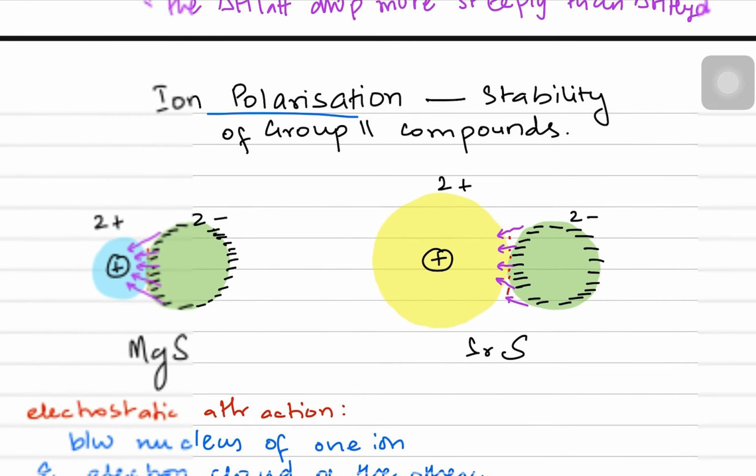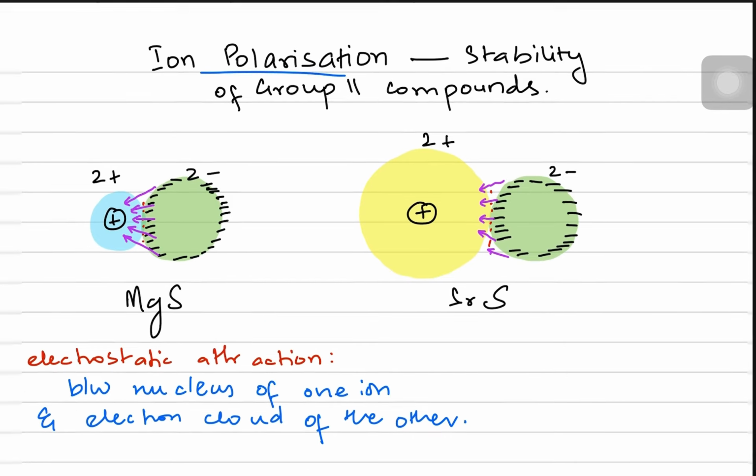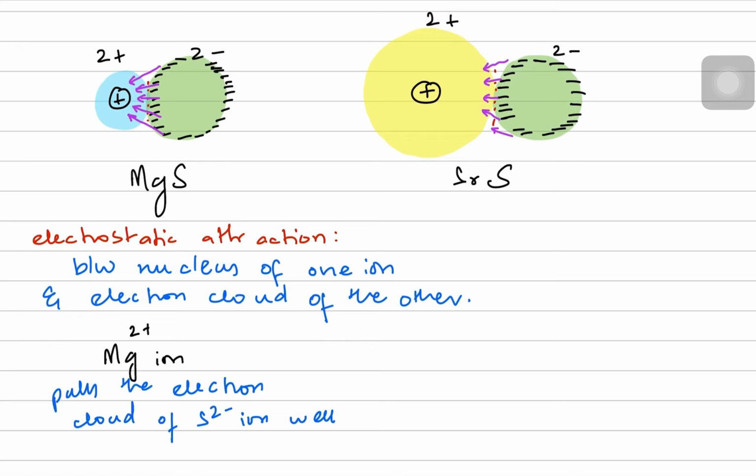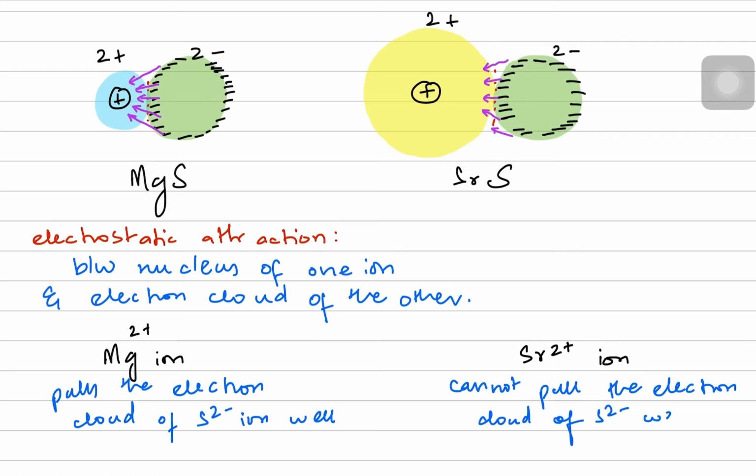Now, let's go back to the big picture. What actually happens over here is that magnesium ion pulls the electron cloud of sulfide ion well. But when I talk about the same capacity of strontium ion, it cannot pull the electron cloud of sulfide well.